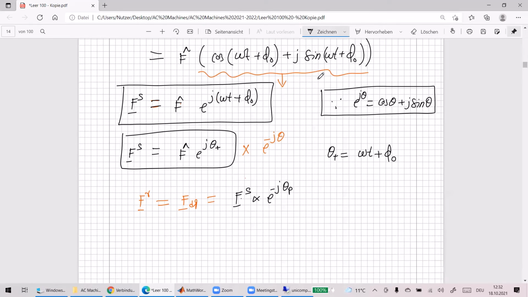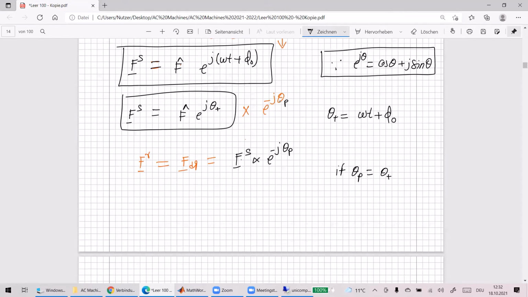So if theta p is equal to theta positive, then what we can write is f dash. For time being, let it be like this.